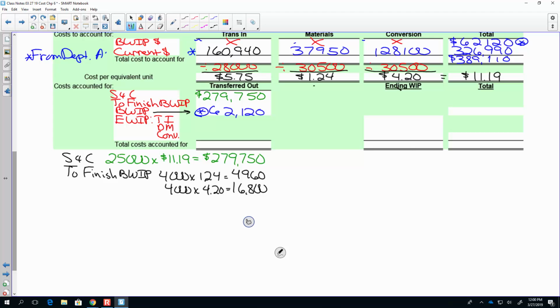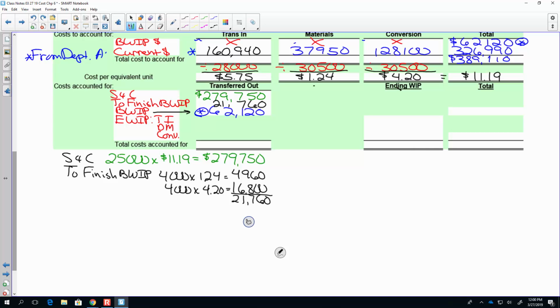I'm going to add those two. 21,760 to finish. That's the cost to finish those beginning units.